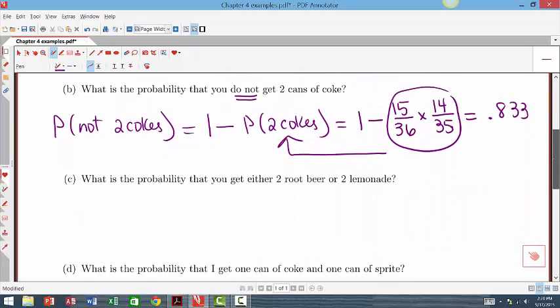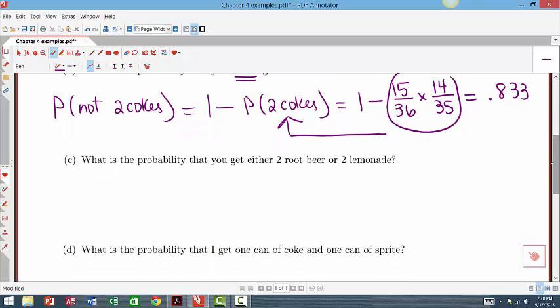Let's take a look at the next one. What is the probability that you get either 2 root beer or 2 lemonade? Alright, or means what? Well, we should be using the general addition rule. Now the question is, are these events disjoint? Are they mutually exclusive? If they are, that's nice, because we do not have to worry about the subtraction of the intersection.